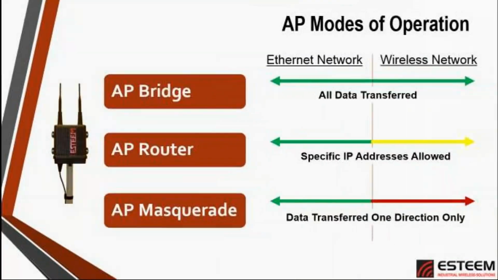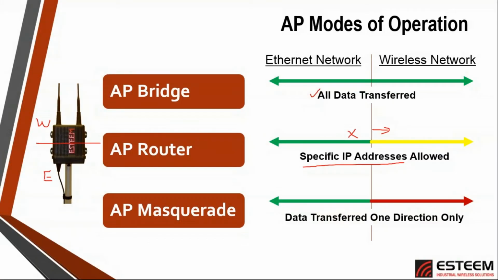Sorry about that. The other mode that we want to talk about is what's called an AP masquerade mode. The best way to think of this is it works like a firewall. Communication can be requested from the wireless side into the wired side, but nothing from the wired network at all can push into it. It works very much the same way your home router does.